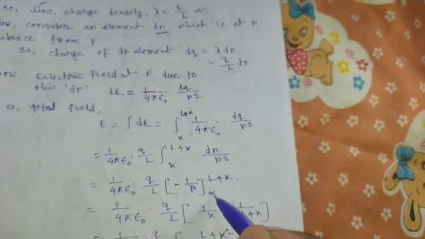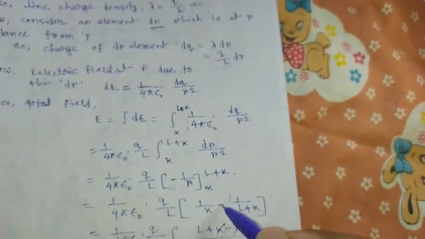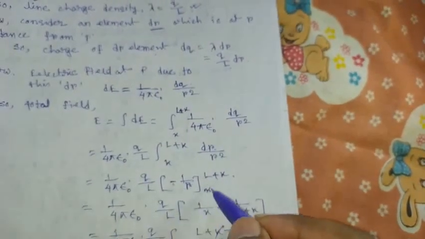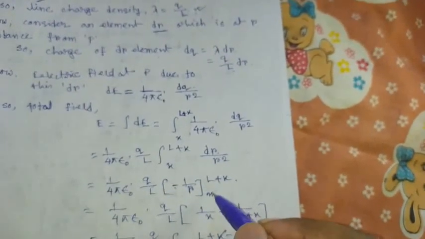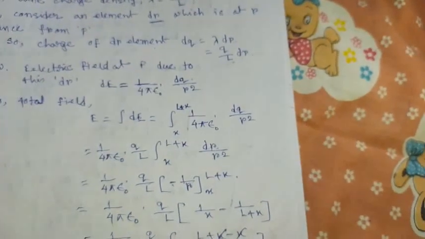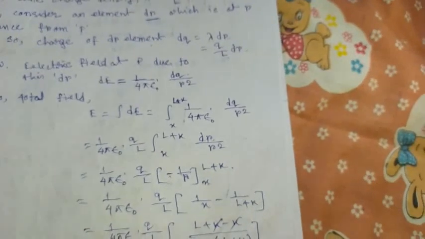So the lower limit is written first, and then minus sign and 1 by L plus x, because this minus sign reverses the integral limit.